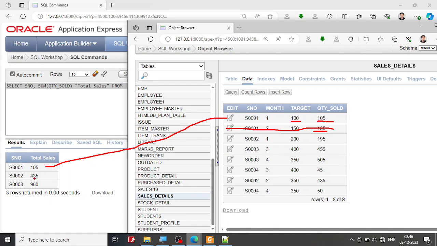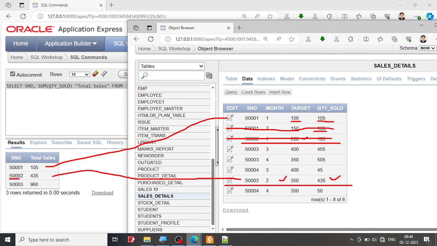And 435 is because, if you look at this here, for serial number 1002, 200 was the target, 195 was achieved. This is ruled out. Again, for the next one, 350 was the target and 435 was sold, and I got this one.